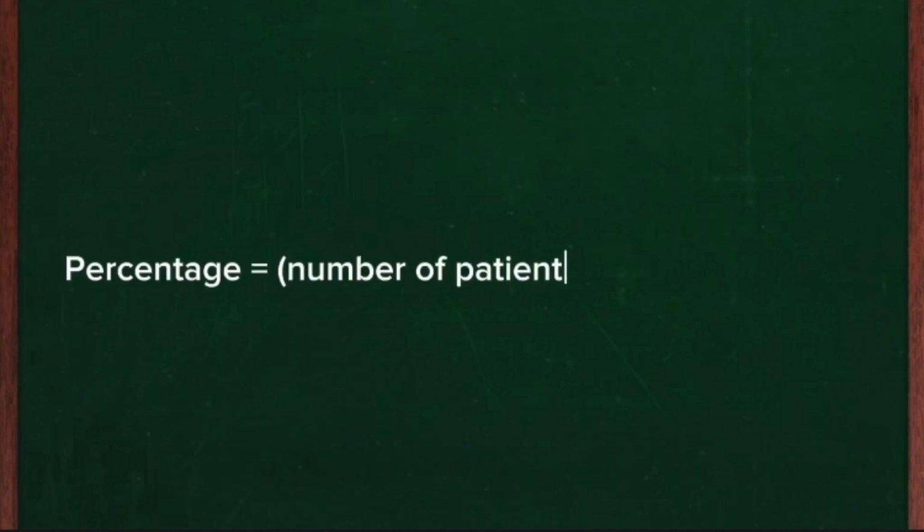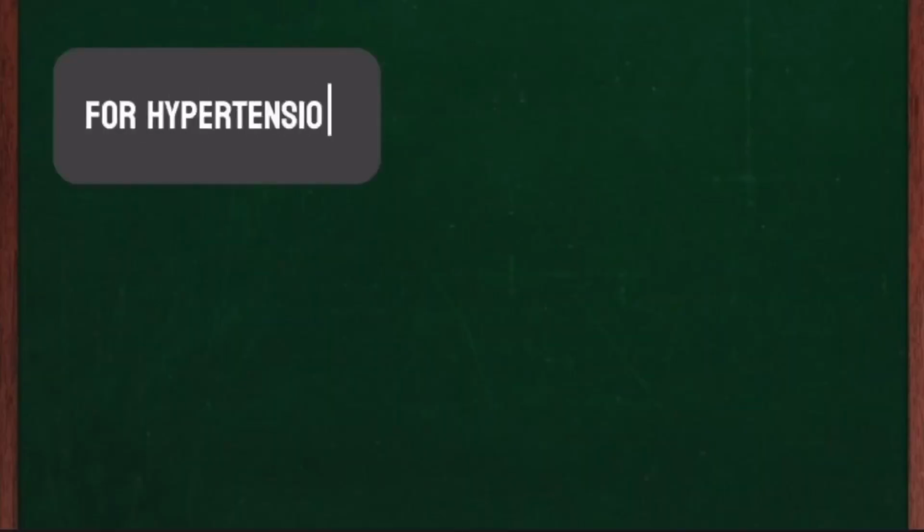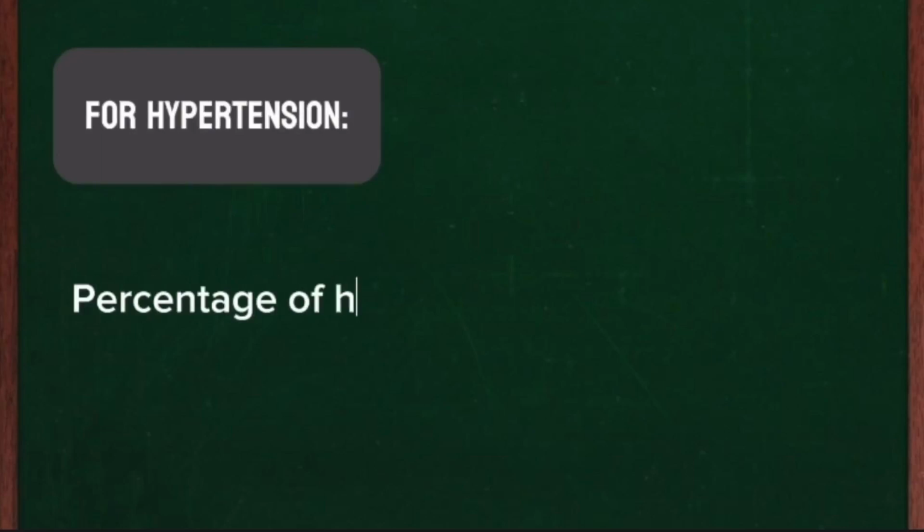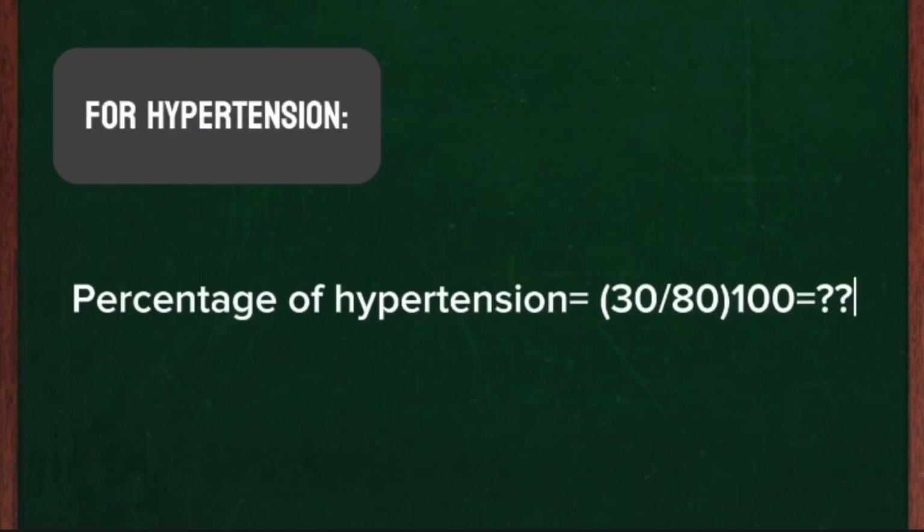Percentage is equal to the number of patients divided by the total number of patients, times 100. So now we are going to get the percentage for hypertension. Percentage of hypertension is equal to 30 divided by 80 times 100, which is equal to 37.5%.